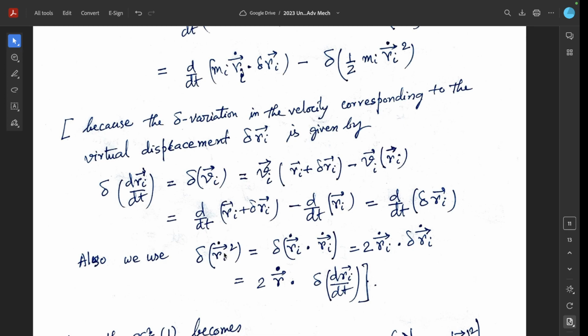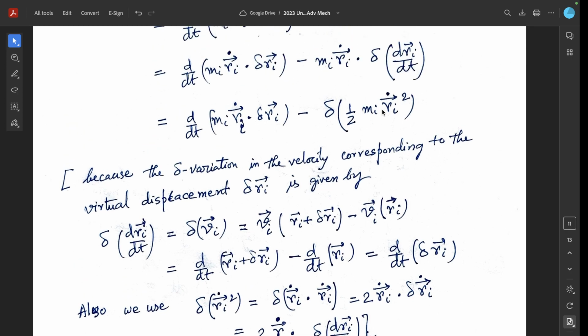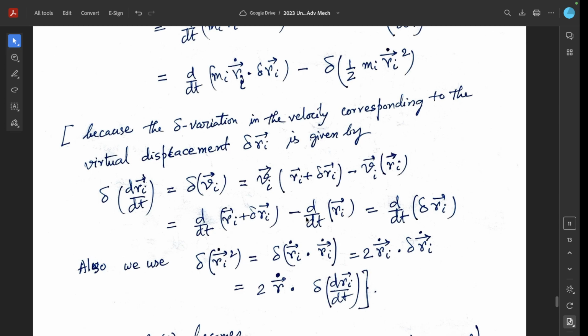Also, delta of ri dot squared equals delta of ri dot dot ri dot, and this is equal to 2 ri dot dot delta ri dot. This into this delta ri plus this into this delta ri.